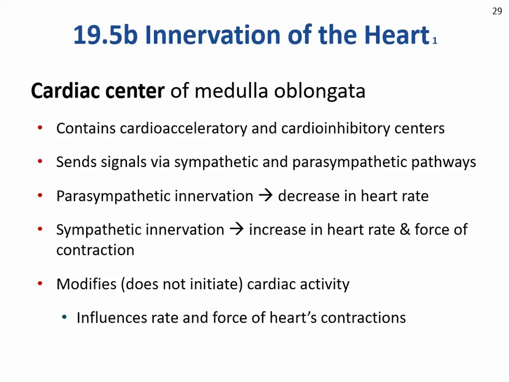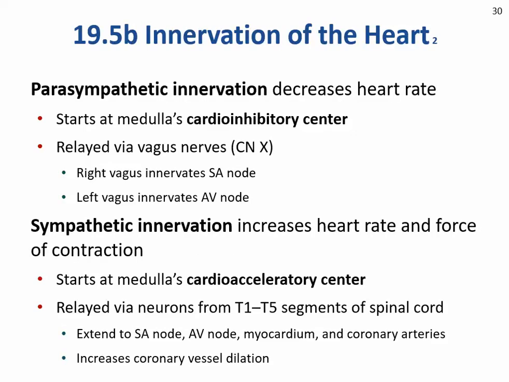The parasympathetics inhibit them reaching threshold, and so decreases the heart rate. We'll see also that the sympathetics increase the force of contraction, but that's neither here nor there. So the sympathetic and the parasympathetic only modify the rate and the force of the heart contraction. It doesn't cause it.